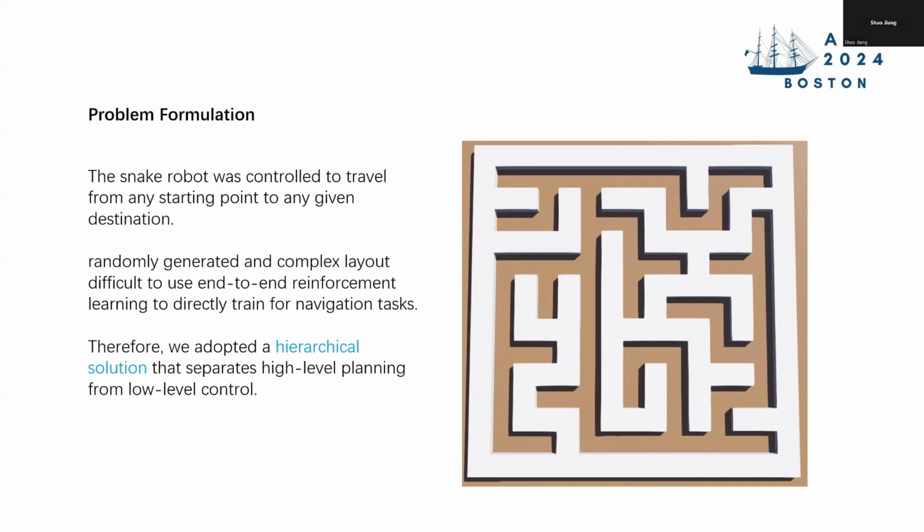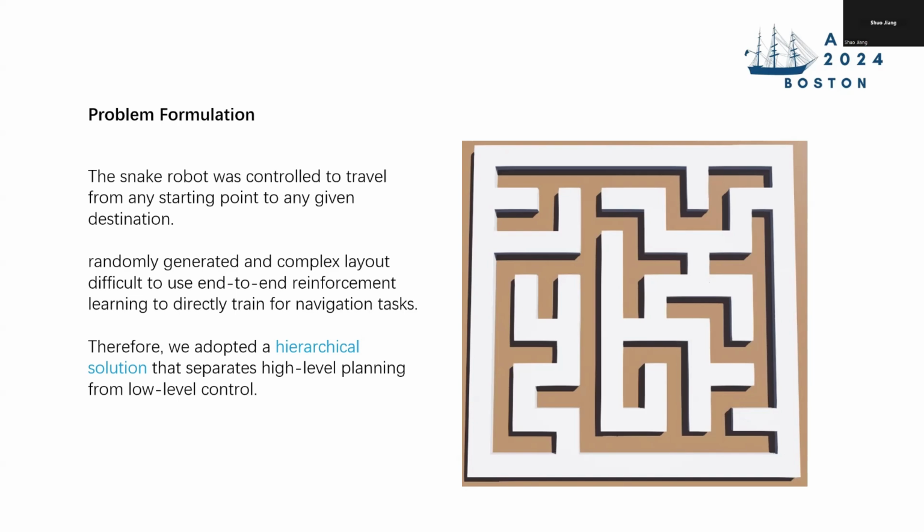The maze consists of a lot of U-turns, corners, or narrow corridors. It's hard to model with conventional control methods, and even end-to-end reinforcement learning is too hard because the maze is large and it's hard to perform domain randomization for reinforcement learning.